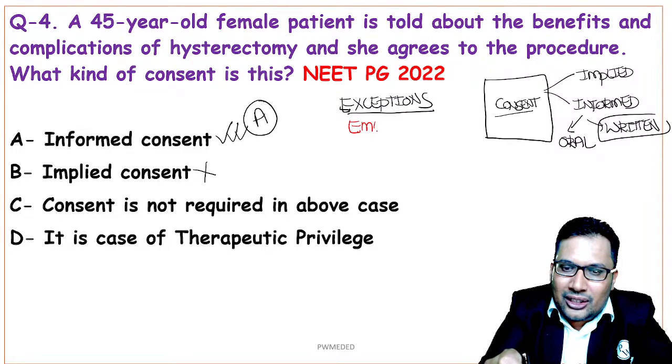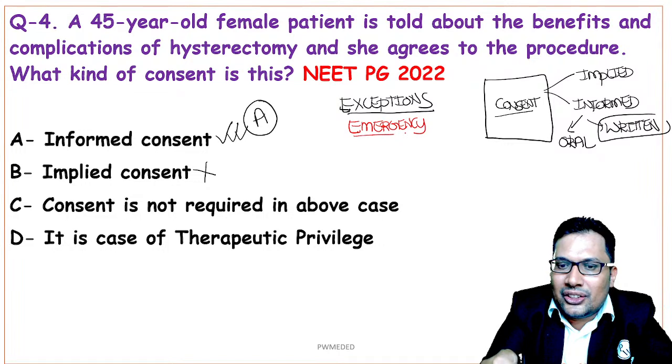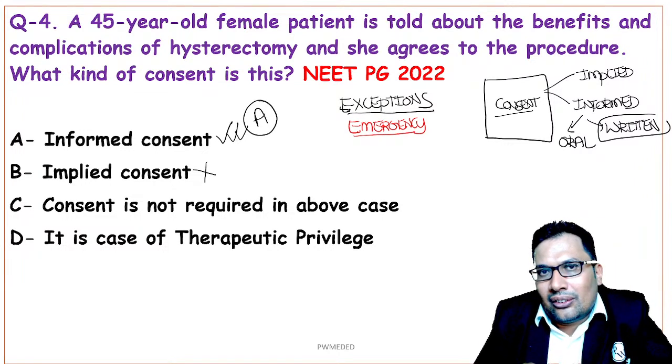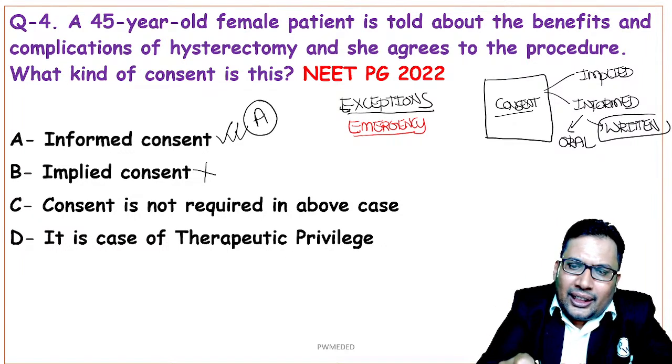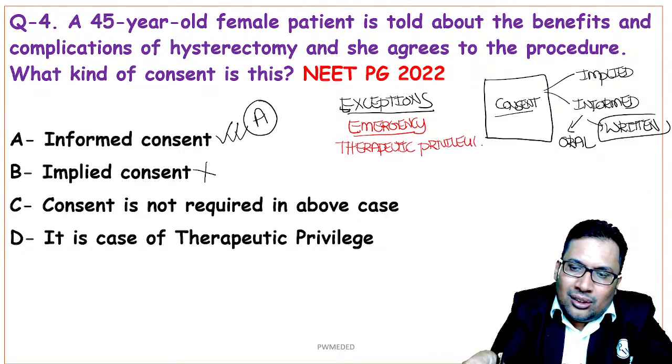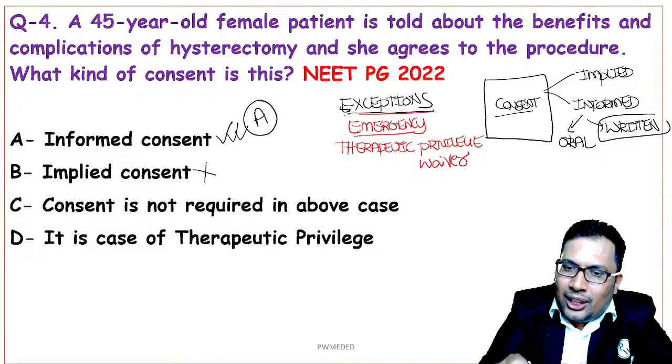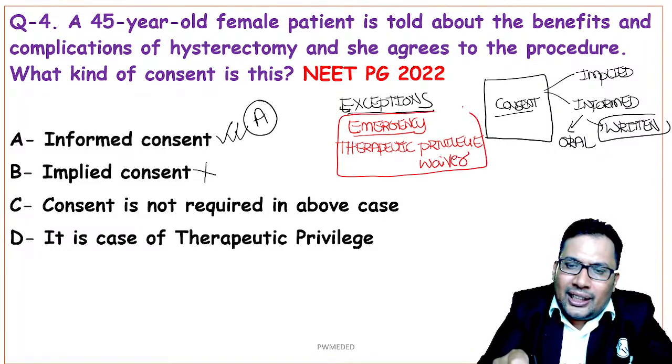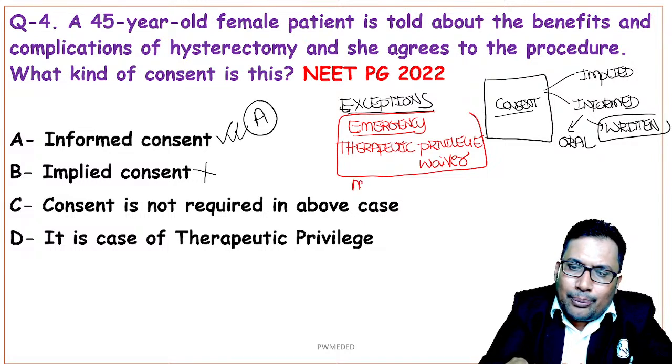In case of emergency, you can proceed without the consent. So that is one. Second, in case of therapeutic privilege, or therapeutic waiver, or in case of MLC, for example autopsy.